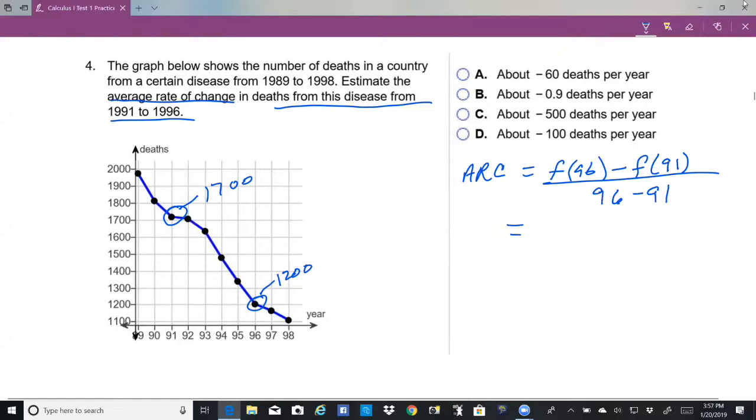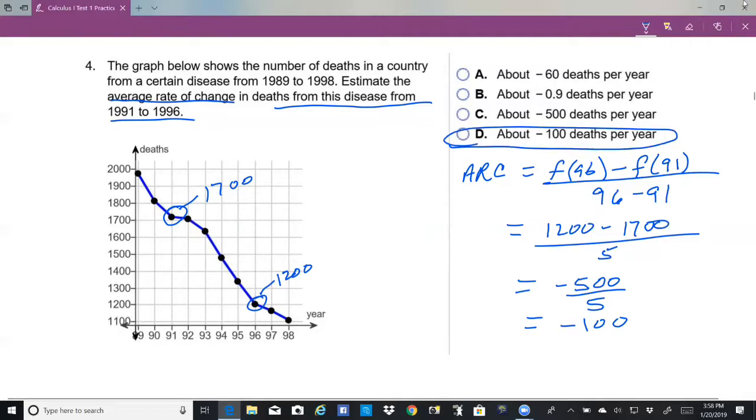The value at 96, we estimate being 1,200. The value at 91 is 1,700. And then 96 minus 91 is 5. And we calculate minus 500 over 5 equal minus 100 deaths per year. So that answer is D.